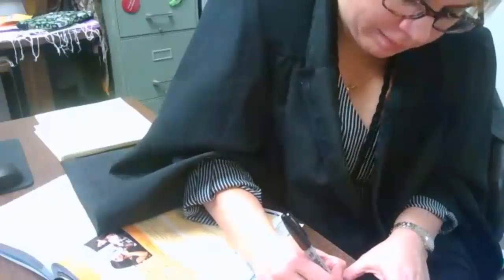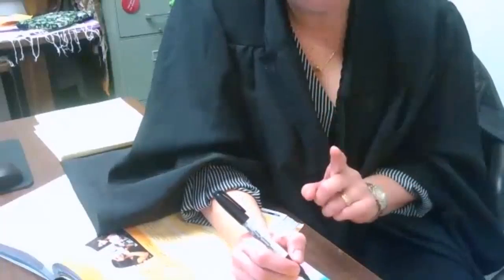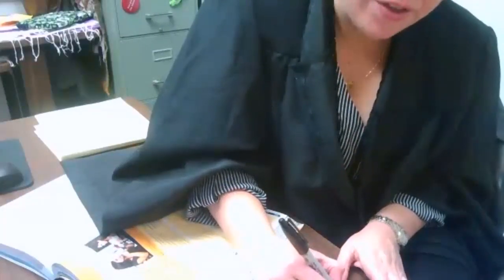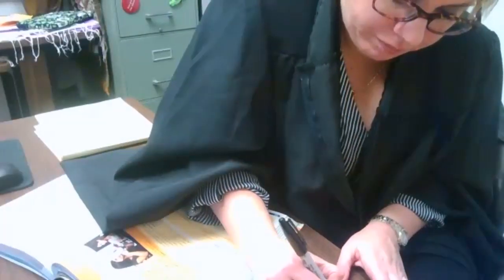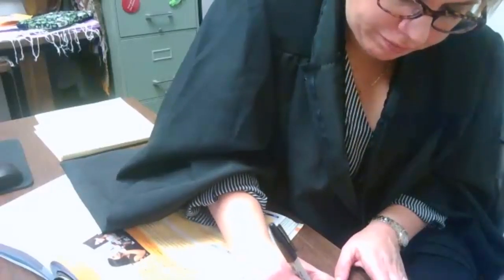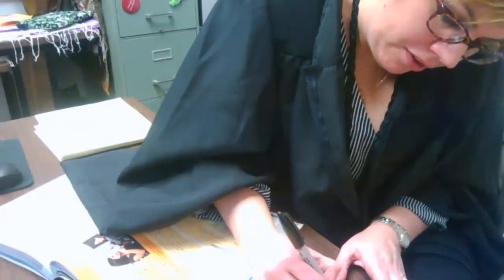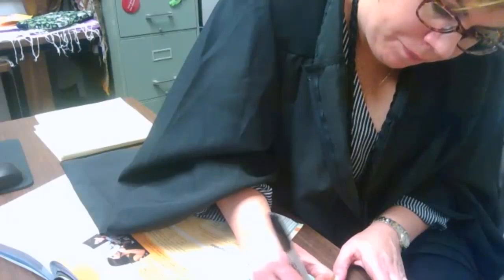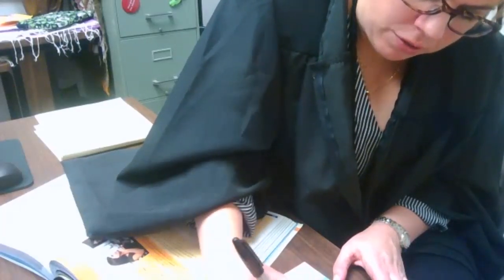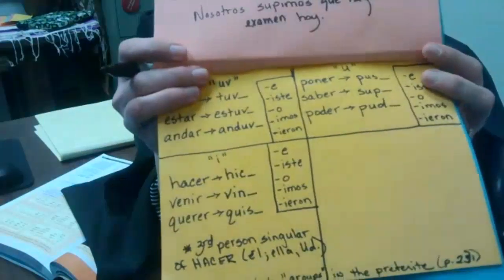Okay? Now, down here, there is a little caveat. There is a spelling change for hacer in the third person singular. The third person singular of hacer, which is the one for él and ella and usted, right? So go ahead and write that little caveat there.